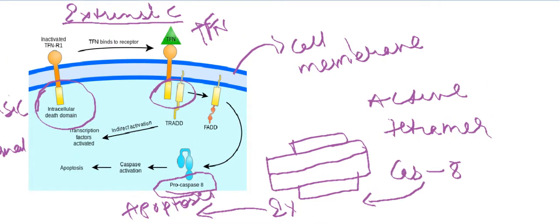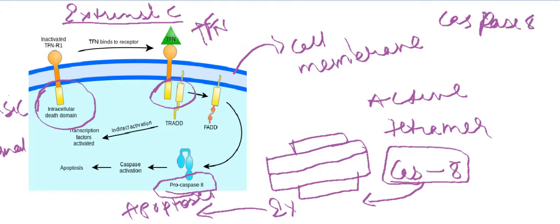We need to remember that caspase 8 is involved in the extrinsic pathway of apoptosis. And one more point I left out in the previous video is what the component of caspase 8 is.